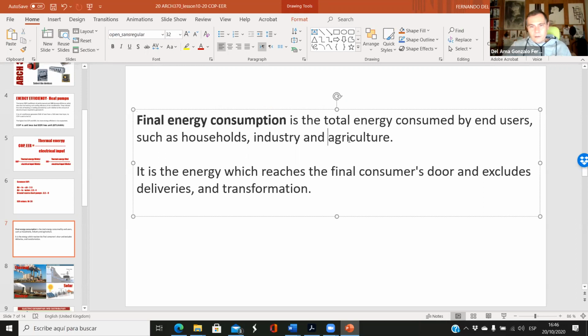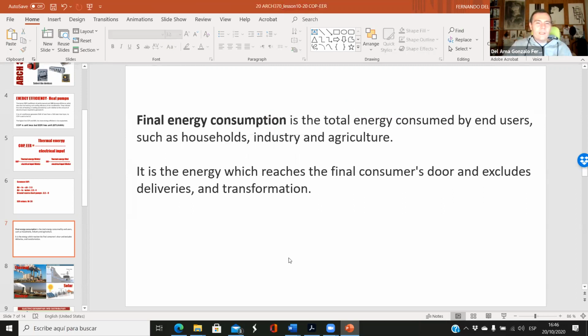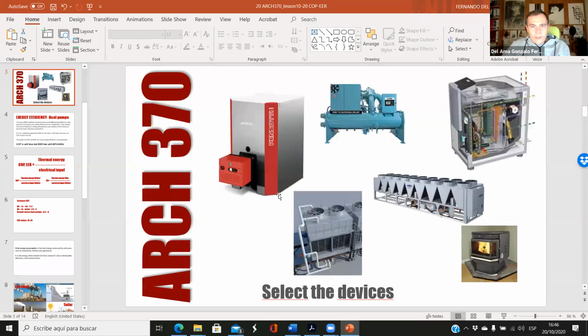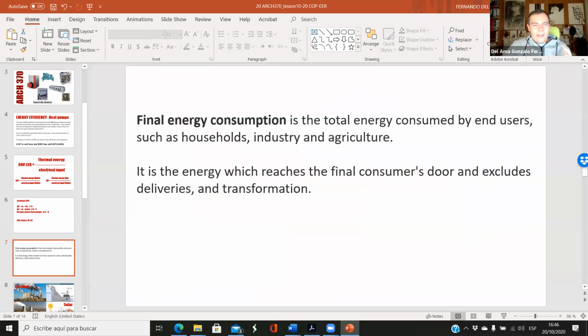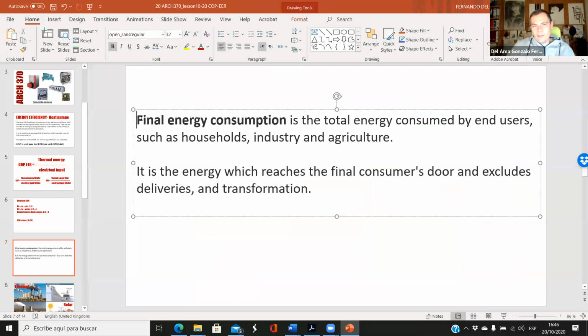We are not working with agriculture or industry, so we are working with buildings. It can be electricity, or if we have a boiler, we can burn a fuel and generate that energy. All this is final energy. If we have an energy meter in our building, this is the final energy.